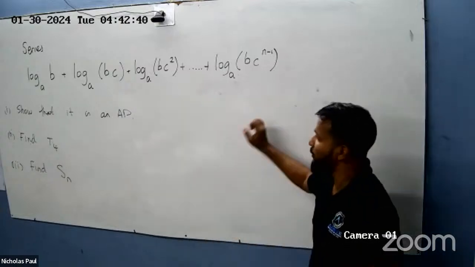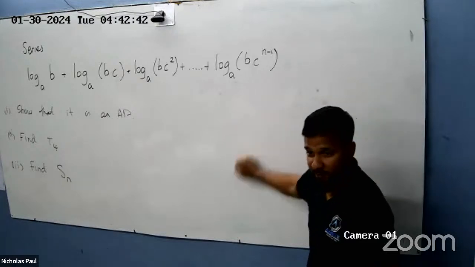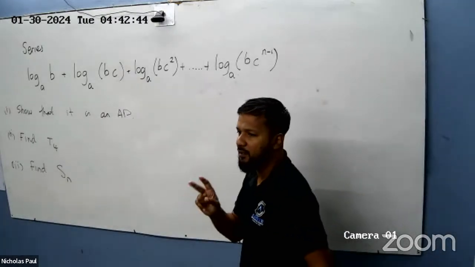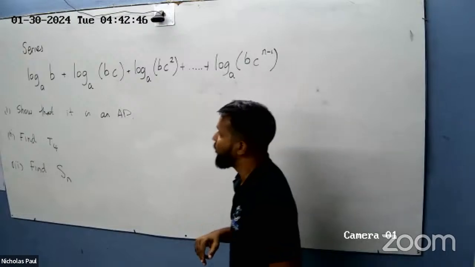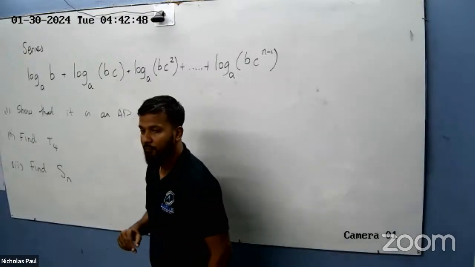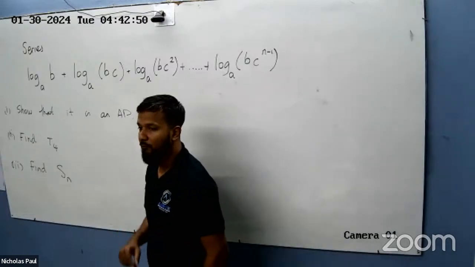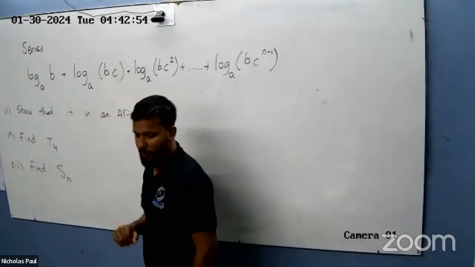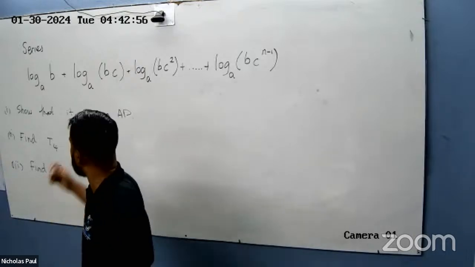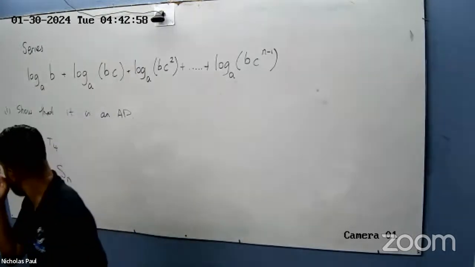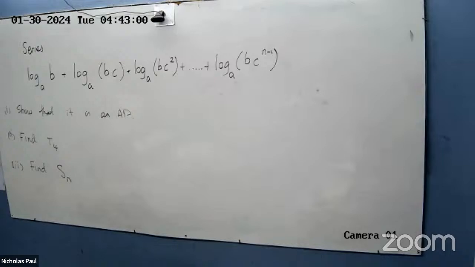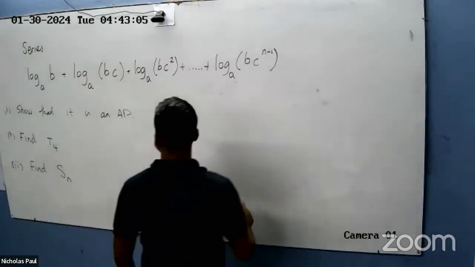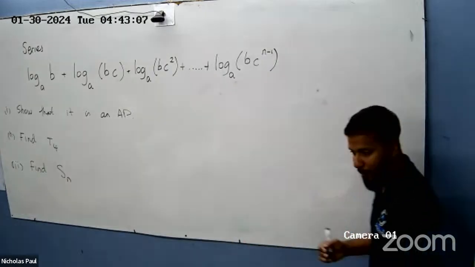All right, so we have to show that this is an AP. How do you show an AP again? Right, you have to subtract consecutive terms. Let me see you subtract and see if we can figure out what A and B are. Then that might help you with parts 2 and 3. I told you these questions are going to be a little bit harder.